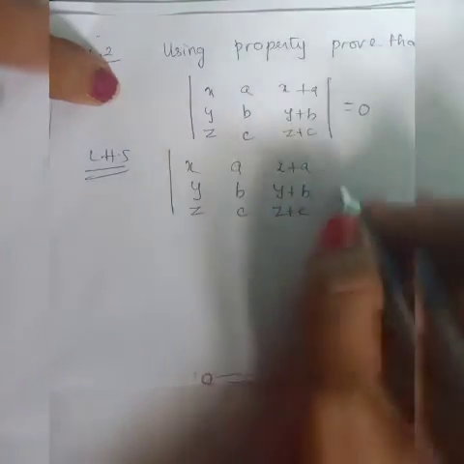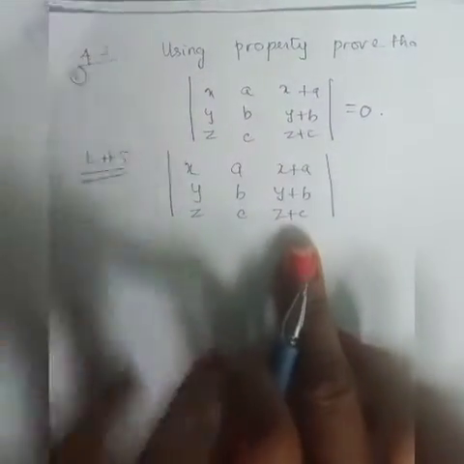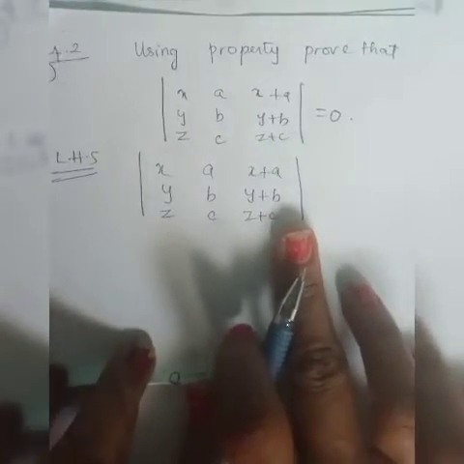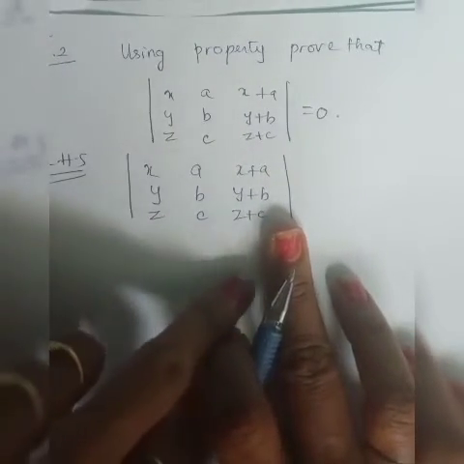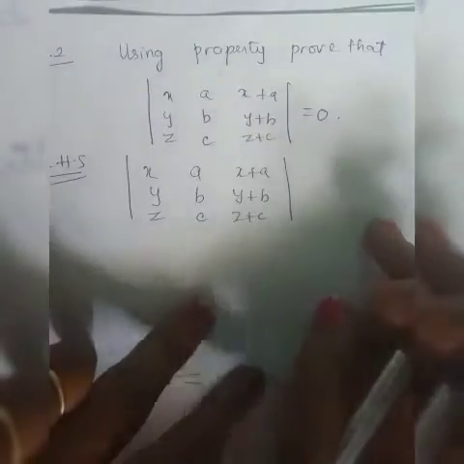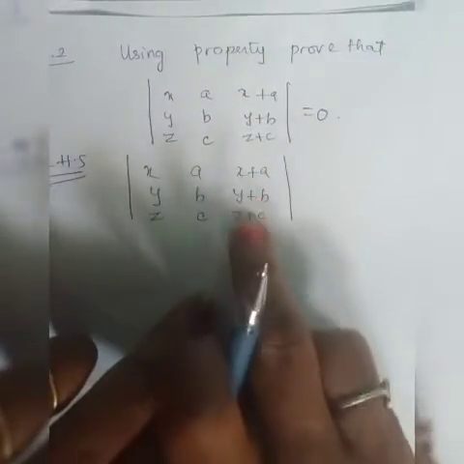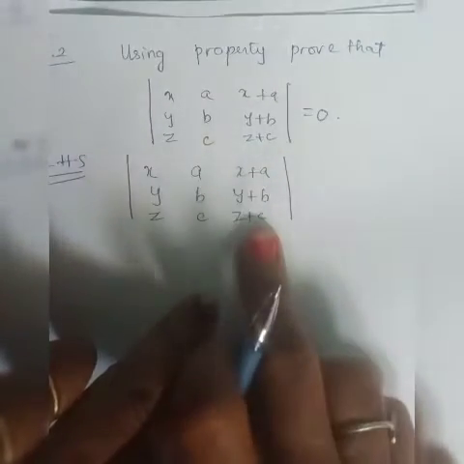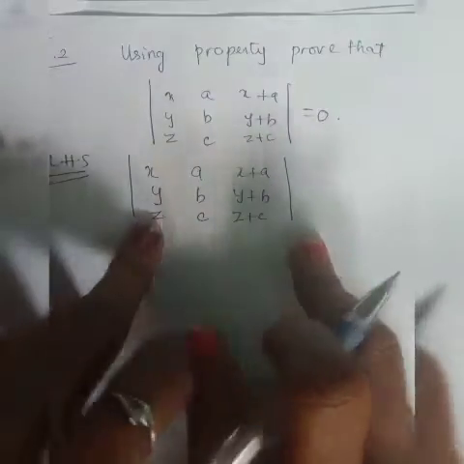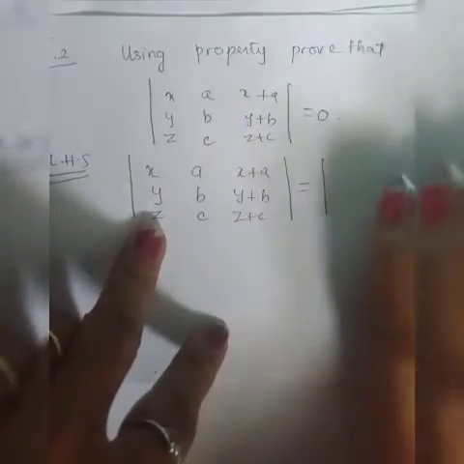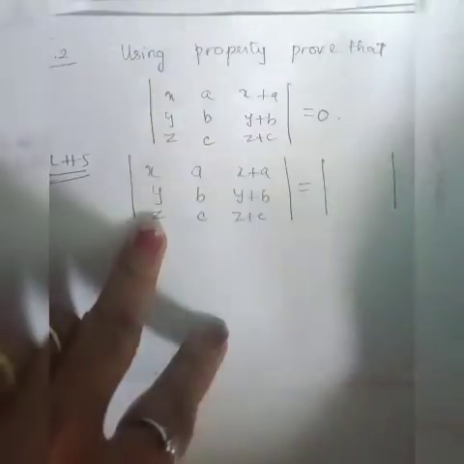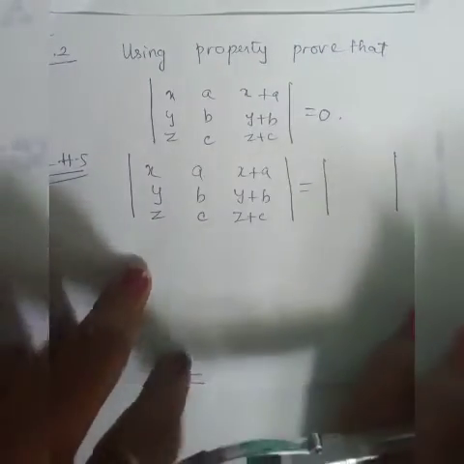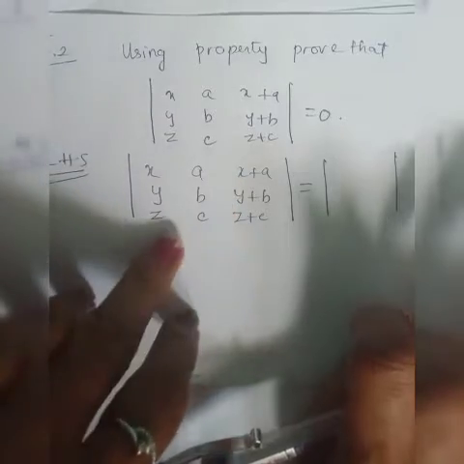Now look at column 3. Here I am going to use one of the properties. Let me state that property. If every element of a row or column, here column, can be expressed as the sum of two quantities, then the given determinant can be expressed as the sum of two determinants of the same order with the elements of the remaining columns.